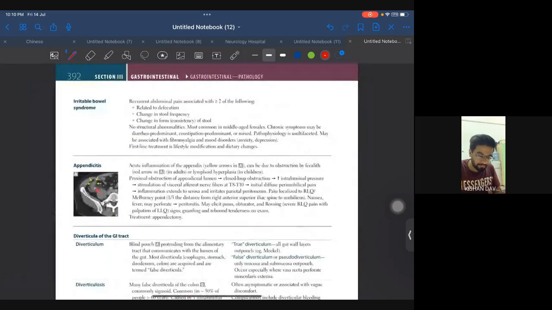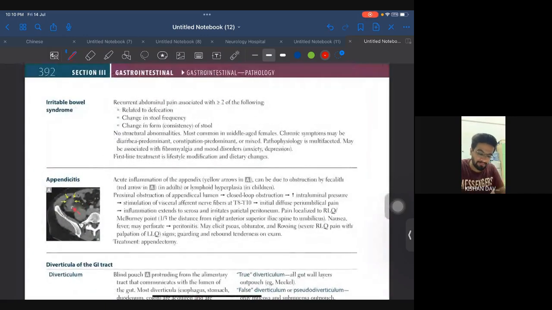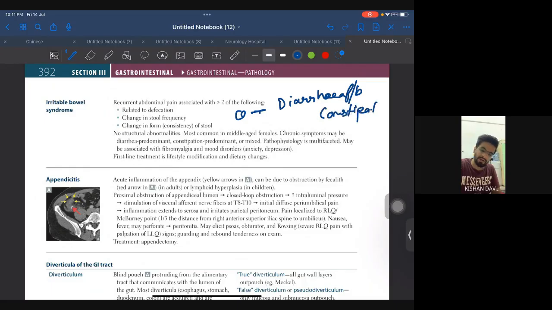Irritable bowel syndrome. Now, how to distinguish it from inflammatory bowel disease? One simple funda. If in the question they say diarrhea followed by constipation, they will definitely give you that, or else they won't ask for irritable bowel syndrome. One question is there in UWorld for this. I haven't seen this question anywhere else.